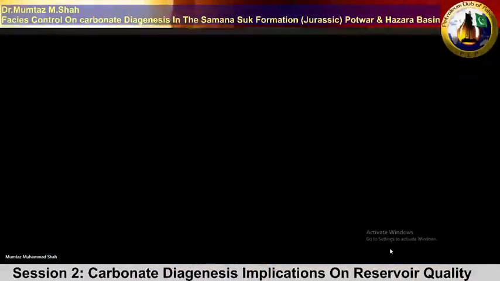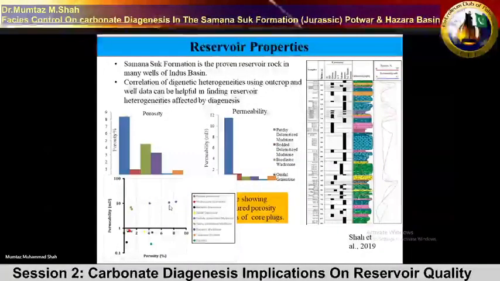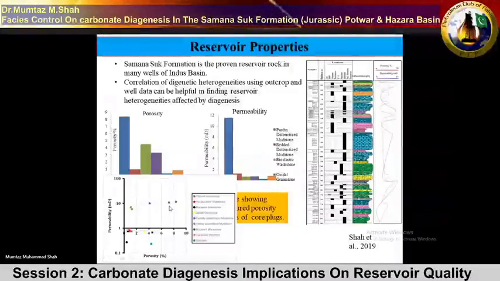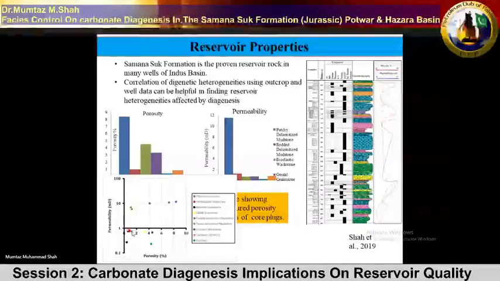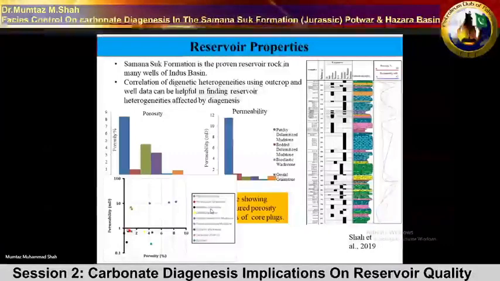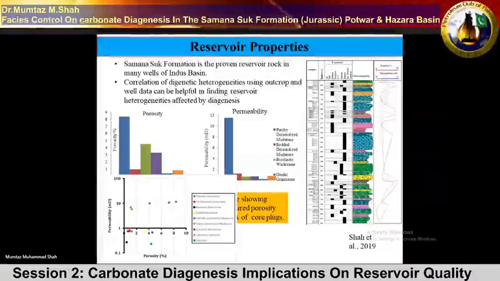So if you look at this particular figure, where we have porosity versus permeability signatures, it shows that the facies represented as partially dolomitized mudstone facies has higher porosity and permeability values as compared to the other facies, like the grainstone facies, if you talk about the bioclastic grainstone facies or the peloidal bioclastic grainstone facies, which have almost negligible porosity and permeability.